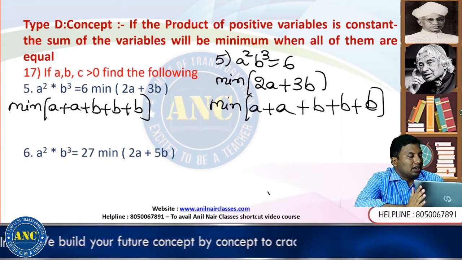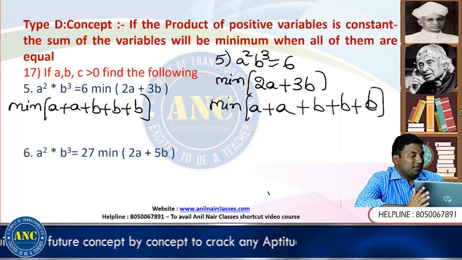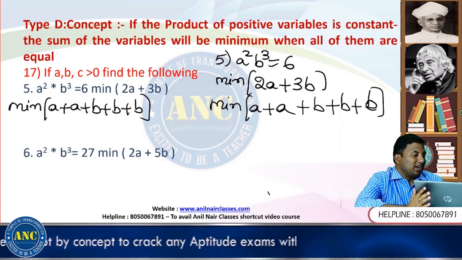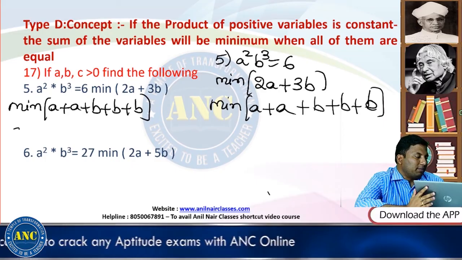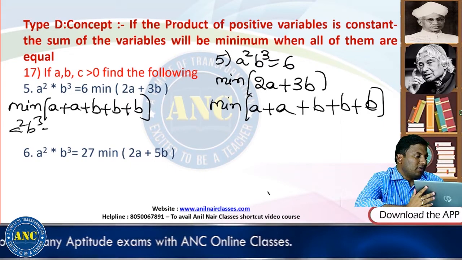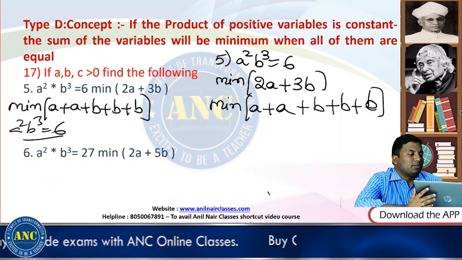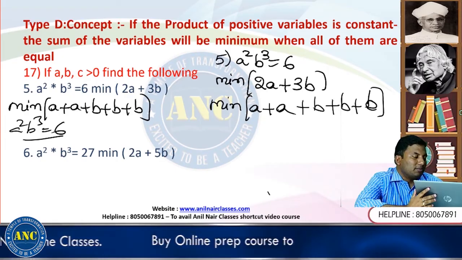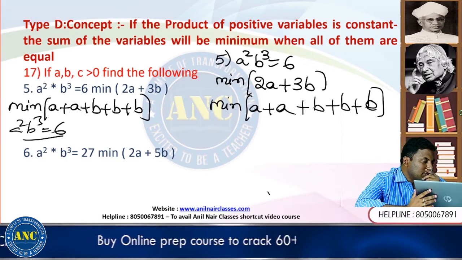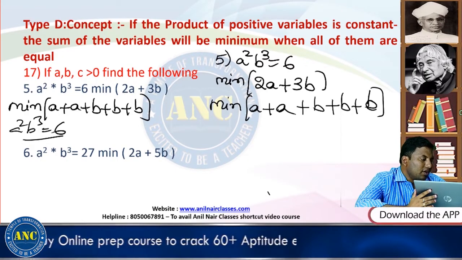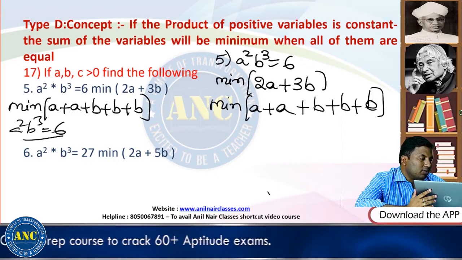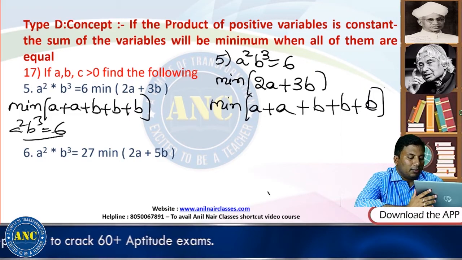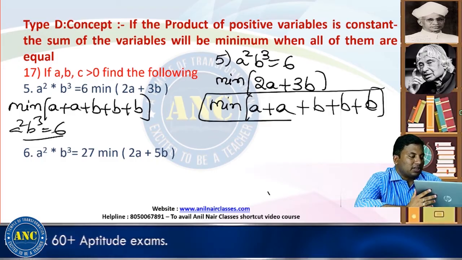Is it clear? Now 2a plus 3b. Let us see what is happening if I multiply, a square b cube is equivalent to 6. That means the product of these variables is constant when the sum is minimum. What will each one become when the sum is minimum? I hope it is clear, right?